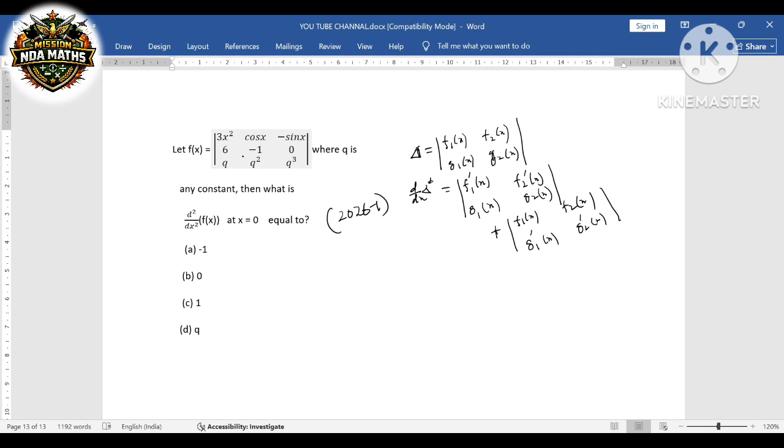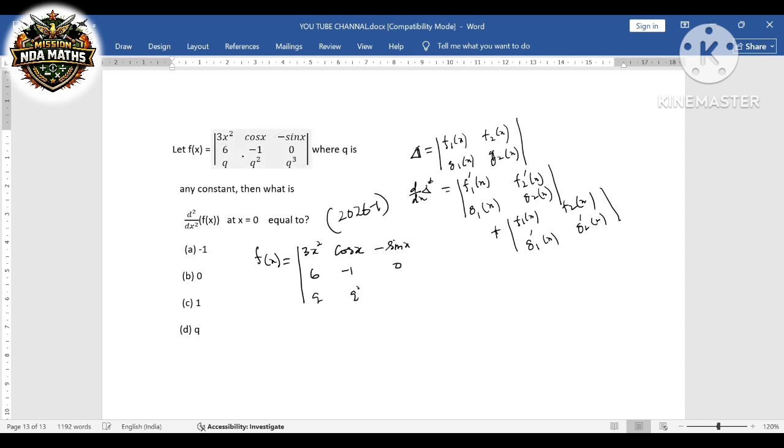So now in our question, the determinant name is f(x). The first row is 3x square, cos x, minus sin x. The second row is 6, minus 1, 0.